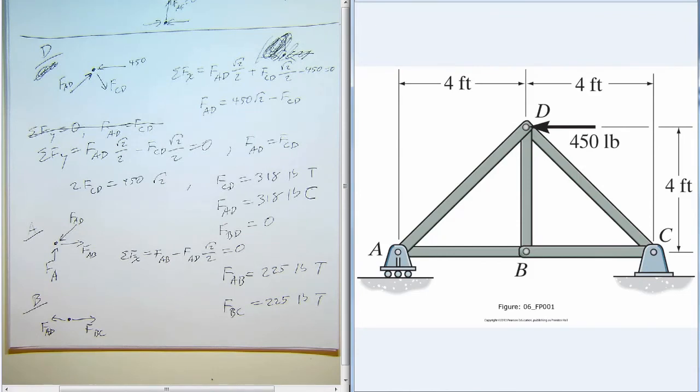And that wraps up Chapter 6, Sections 1 through 3. We talked about the definition of these simple trusses and the assumptions. So we had 2 force members and found 0 force members.